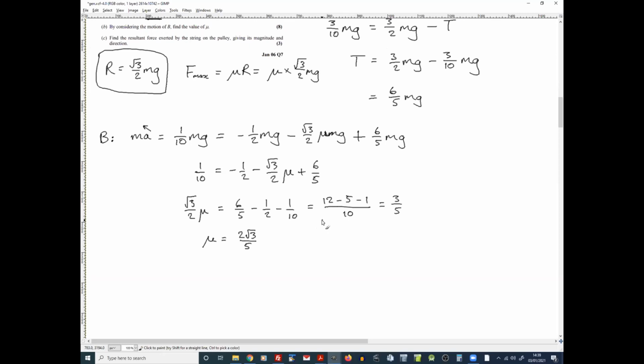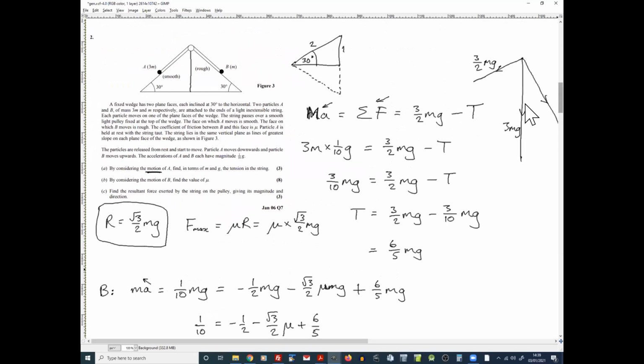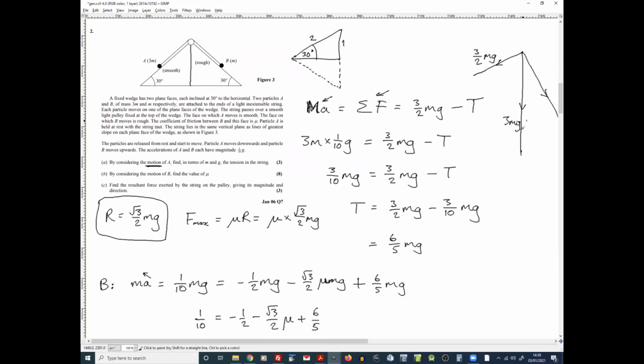Forces are only transmitted through some contact, and tension might be the only contact. Say to yourself, right, I'm going to form an equation of motion. Maybe two simultaneous equations of motion.